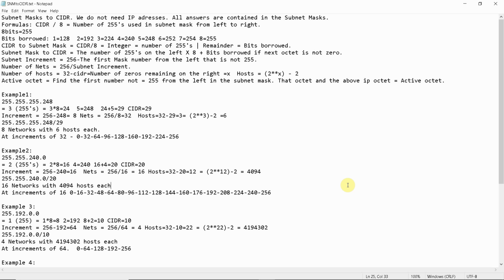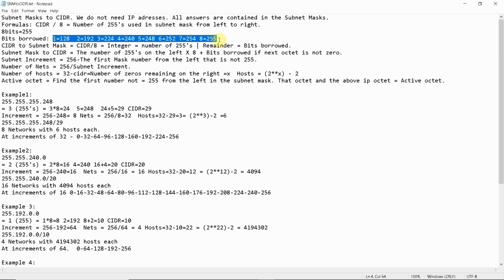So here's example 1. We've got 255, 255, 255, 248. Each 255 equals 8 bits, so 8 times 3 is 24. And 248 is 5, because if you go up here, and we talked about this, if you can memorize these, that's all you're going to need to do.